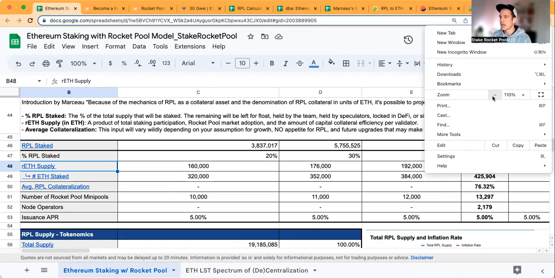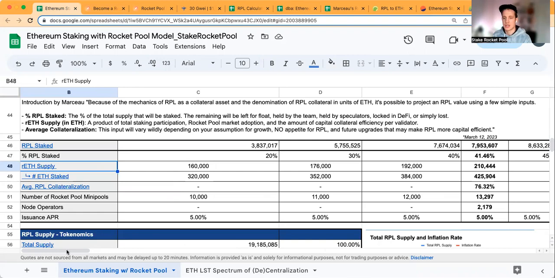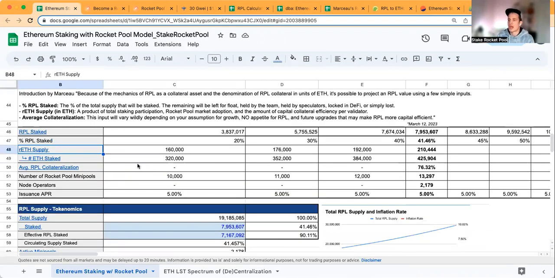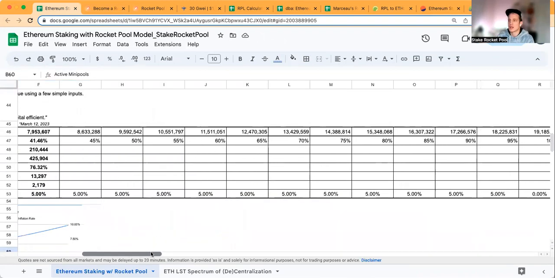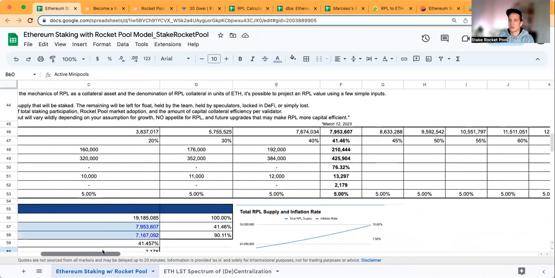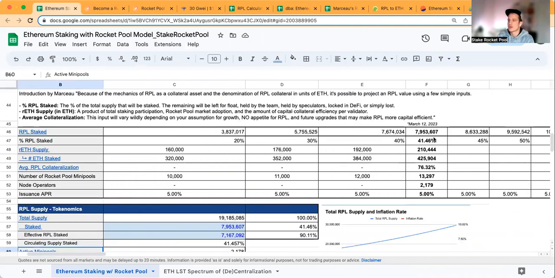So we're going to zoom a bit out. Hopefully that's not too bad for you at 110, and show that where we are today with Rocket Pool is what we have manually highlighted from March 12th. I know that today's the 28th.